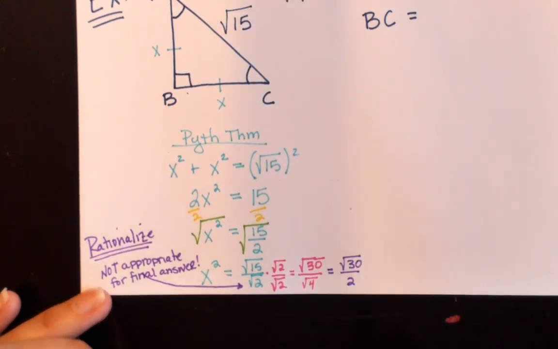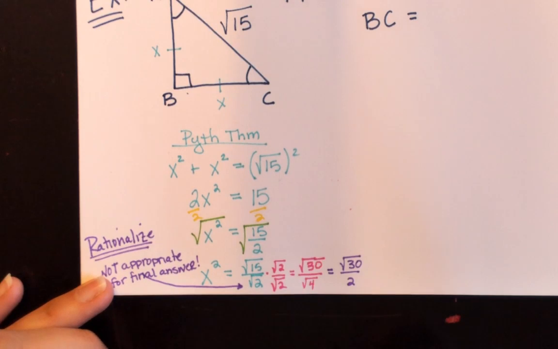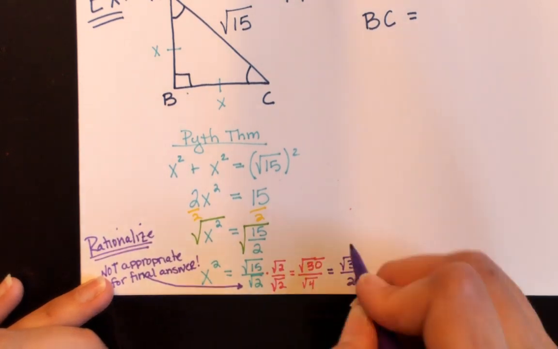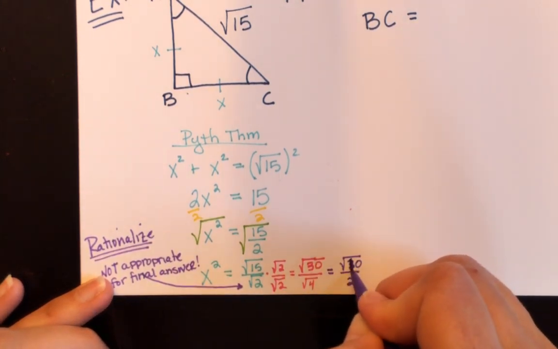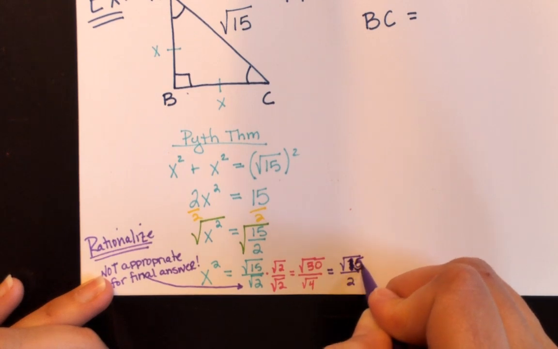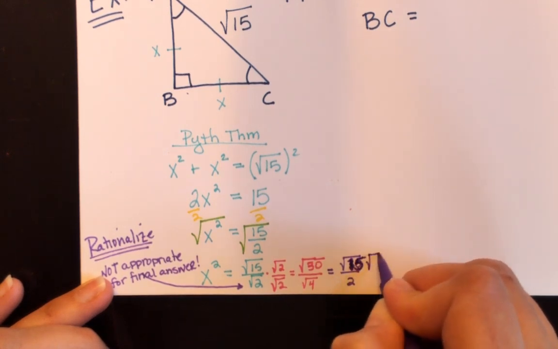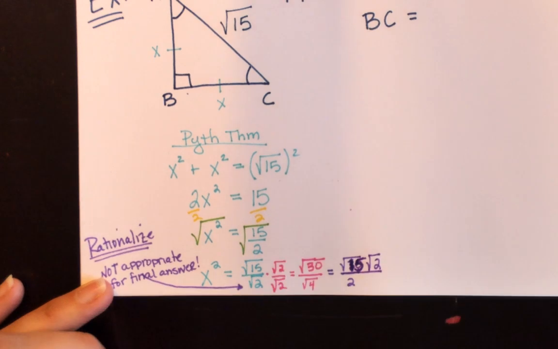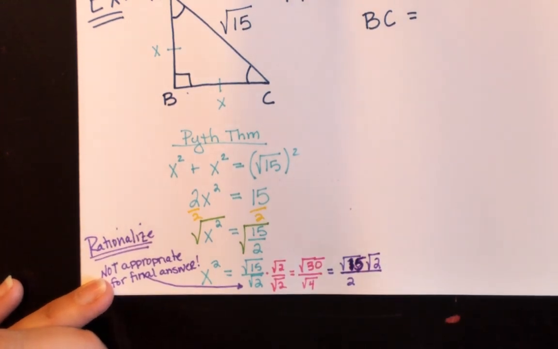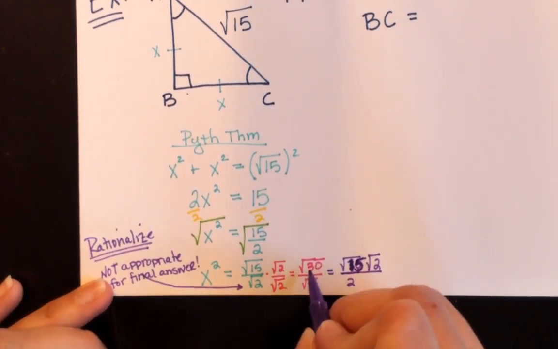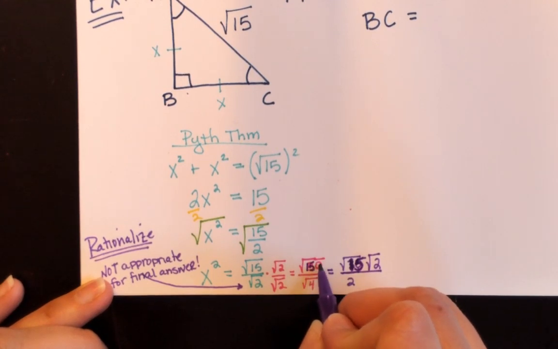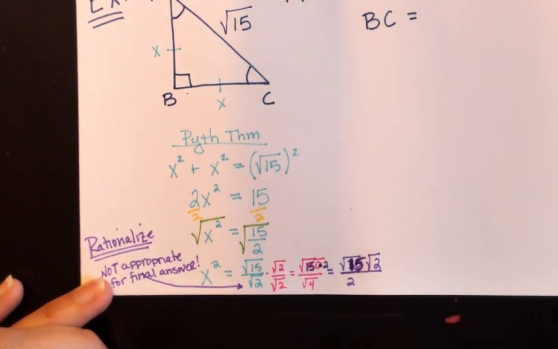And if you think about this, the step I should have done, and I'm going to squeeze this in, I'm going to wait on that 30. It's actually radical 15 radical 2 over 2, because 15 times 2... notice that radical 2 was at the bottom, got yanked to the top, and simplifies.